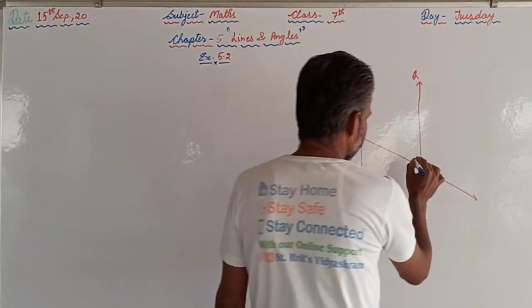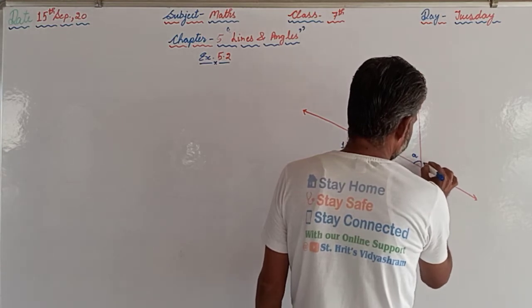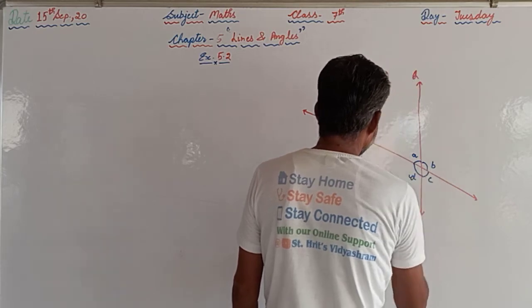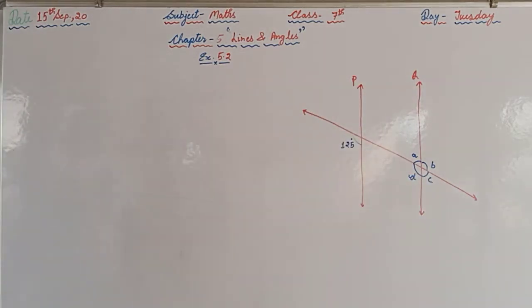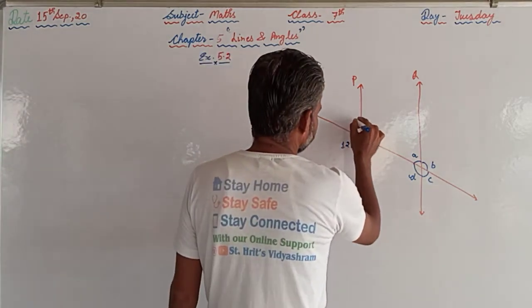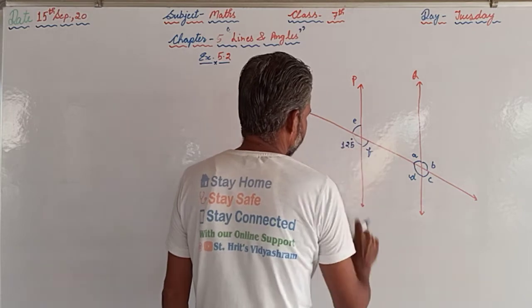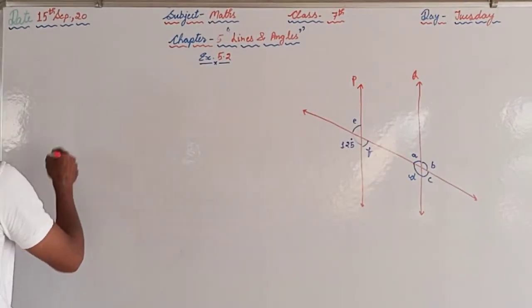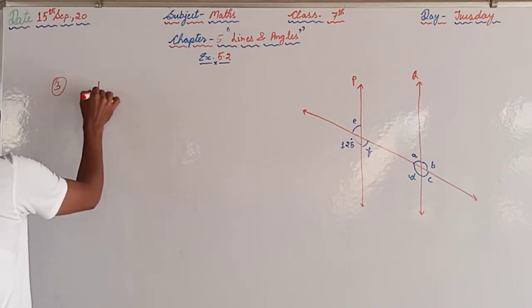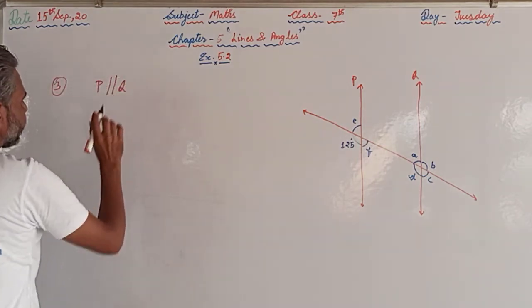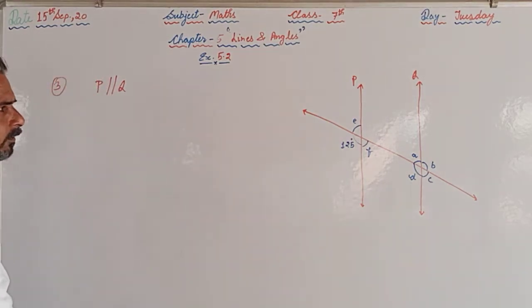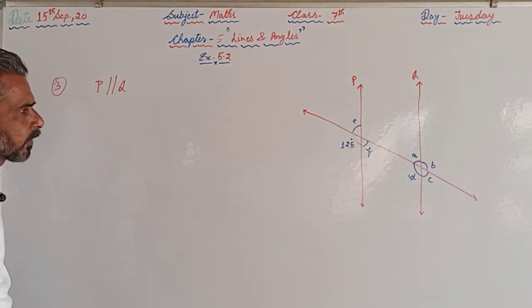That is, this angle is A, this is B, this is C, this is D, and more angles we have to find, that is E and F. So that is question number 3, in which P is given parallel to Q. So if P is parallel to Q and one transversal is there, some of the angles have been formed. So we are supposed to find those.